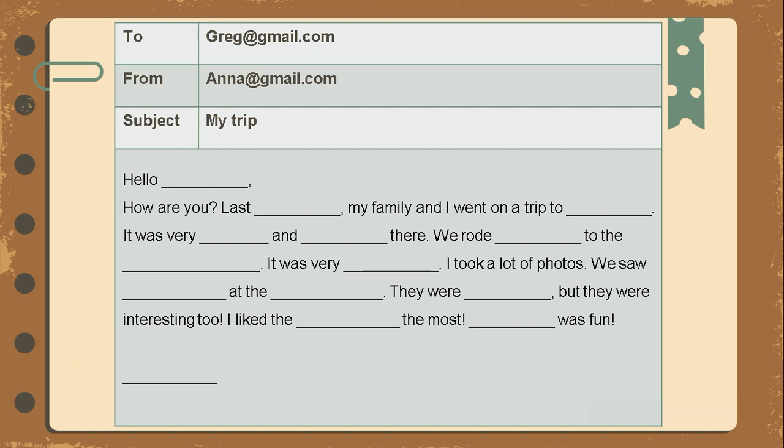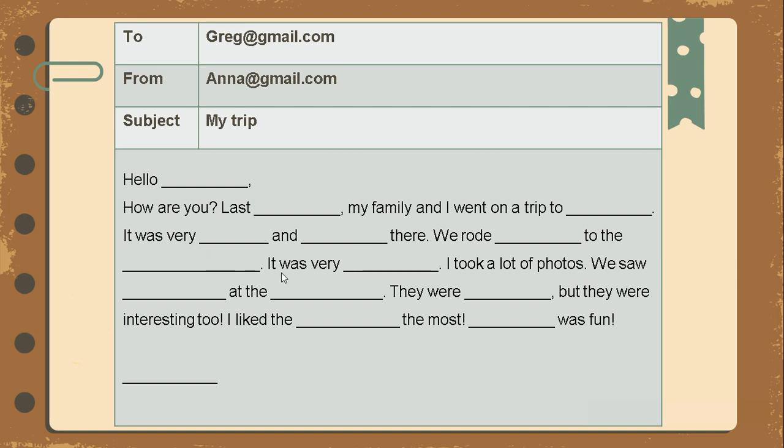For example, windy and cold, or warm and sunny. Alright? We wrote blank to the blank. So for this one, you may write any vehicle that you can write. For example, bicycle or motorcycle. Okay? And this one is the name of the place that you went.